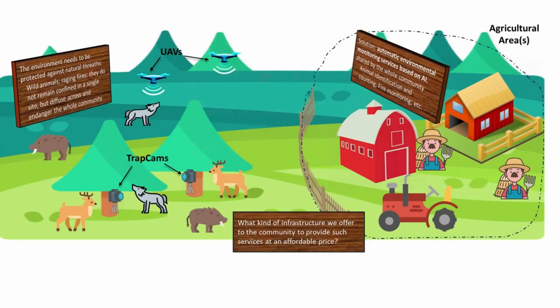The WatchEDGE project aims to develop automatic environmental monitoring systems based on the use of artificial intelligence to monitor and preserve not only animals, but also the habitat where they live.